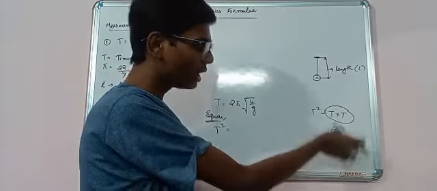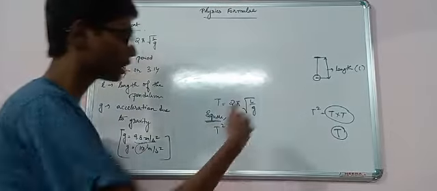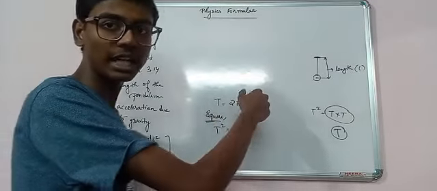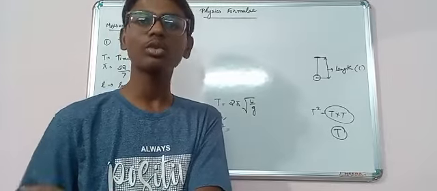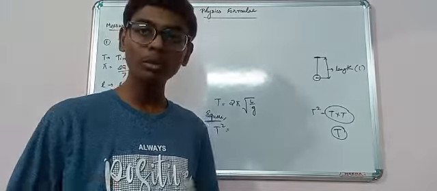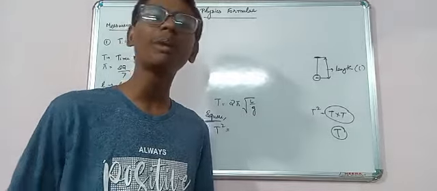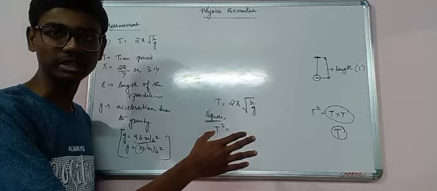Working with only T squared, only one value, is okay, but in such a division form, finding the root is sometimes difficult. Those who are accustomed, most welcome to do it this way. But if you want to make this a bit simpler, then my suggestion will be to square both the sides. Okay.